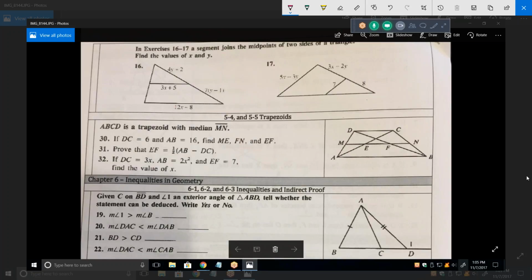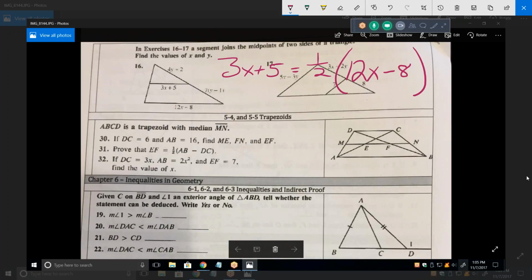Oh wait, that. The mid-segment is equal to what? To like half of the bottom. The base. And that's how you write that.